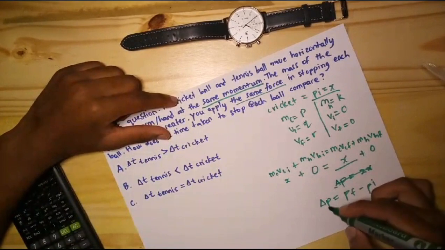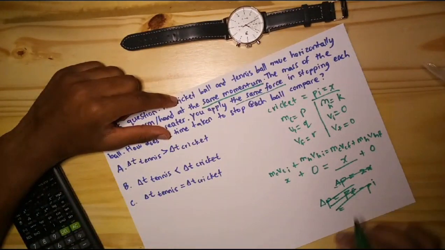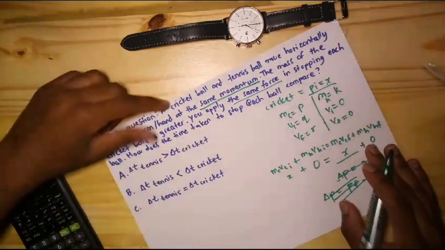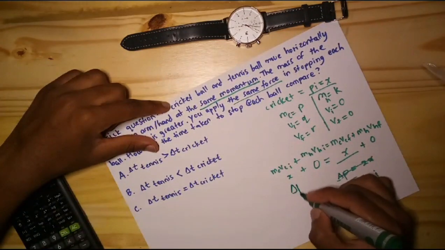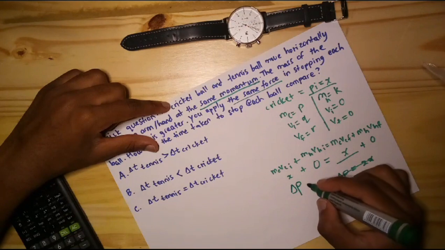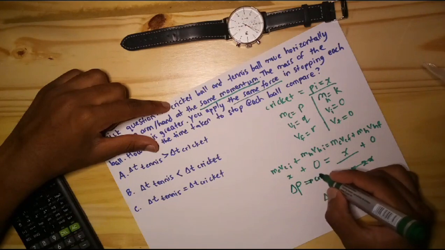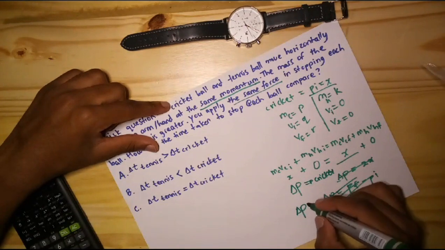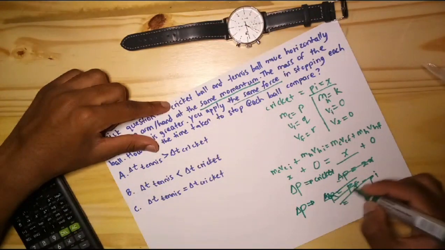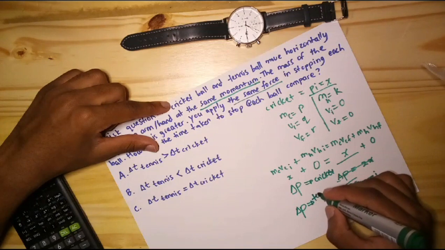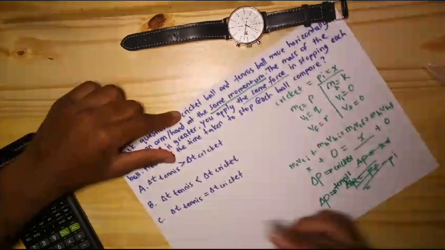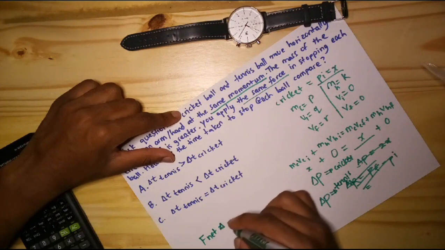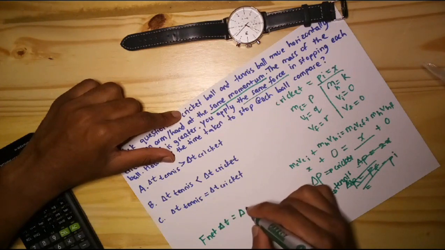right. So that being said, the consideration would then have to be that your change in momentum for the cricket ball is the same as the change in momentum for your tennis ball. So in your equation, you have F net equals change in p, the change in momentum.